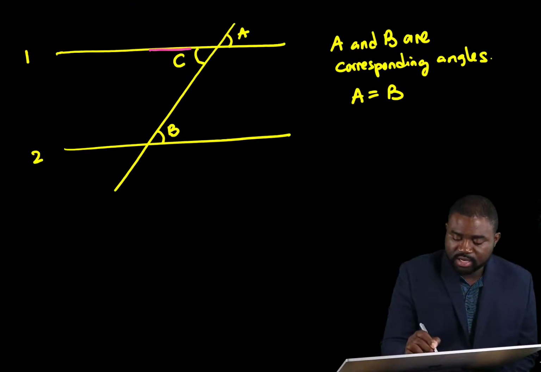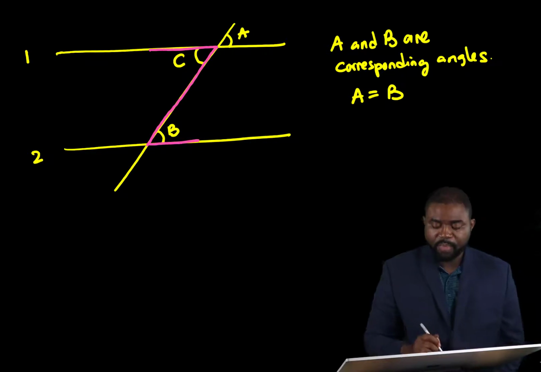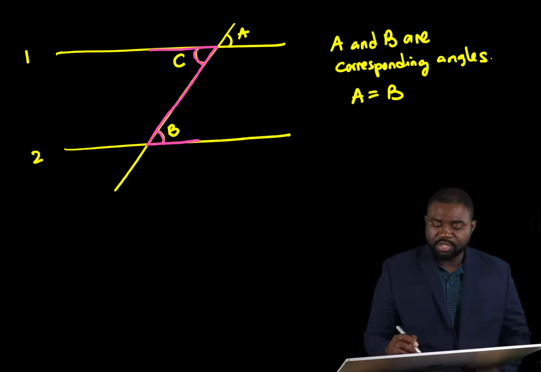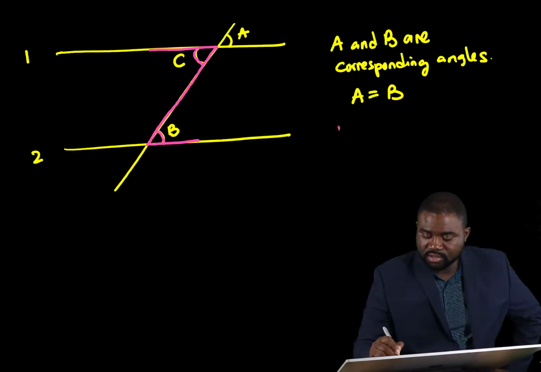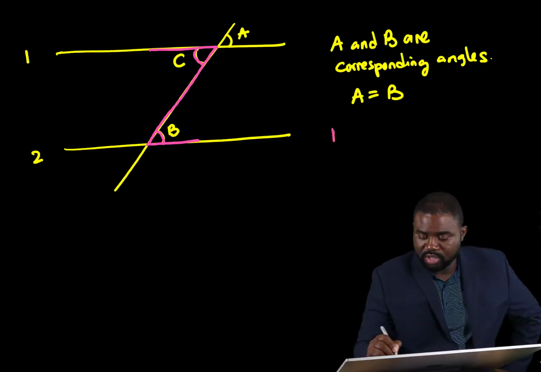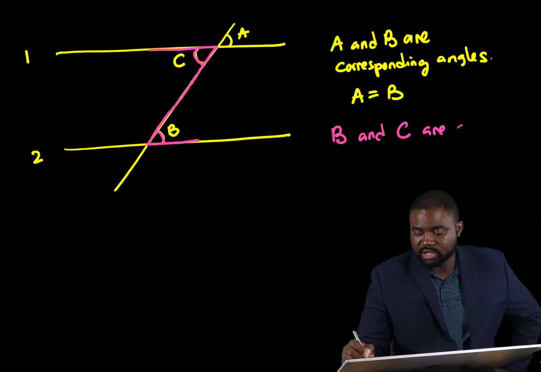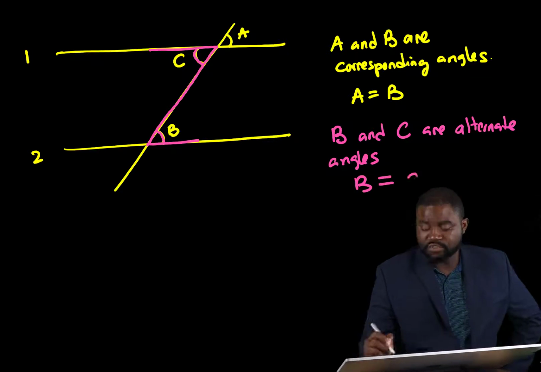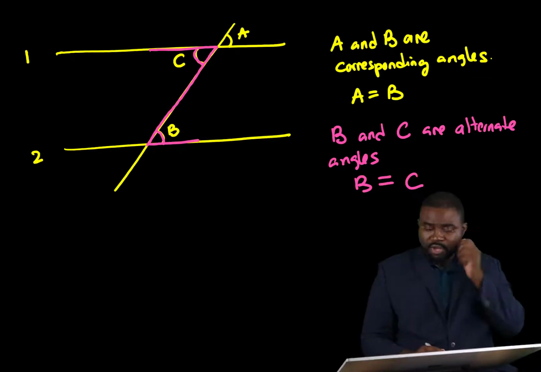These angles are like the angles under the arms of the letter Z. We call these angles B and C. B and C are alternate angles, and B is equal to C. So alternate angles are equal.